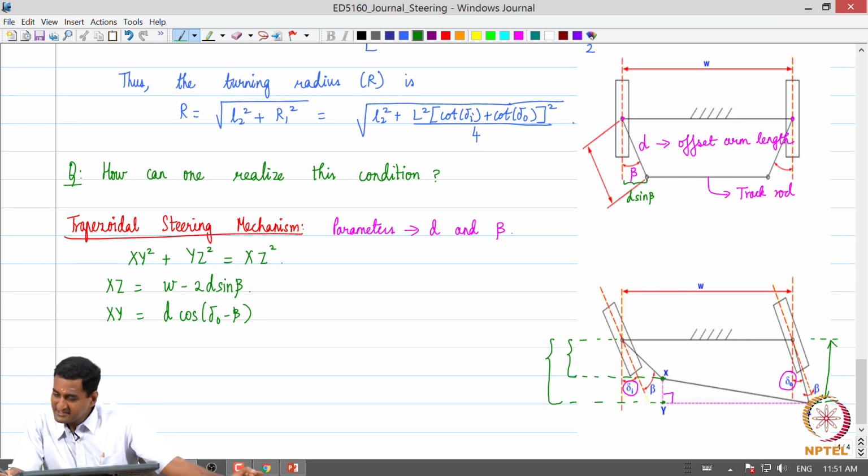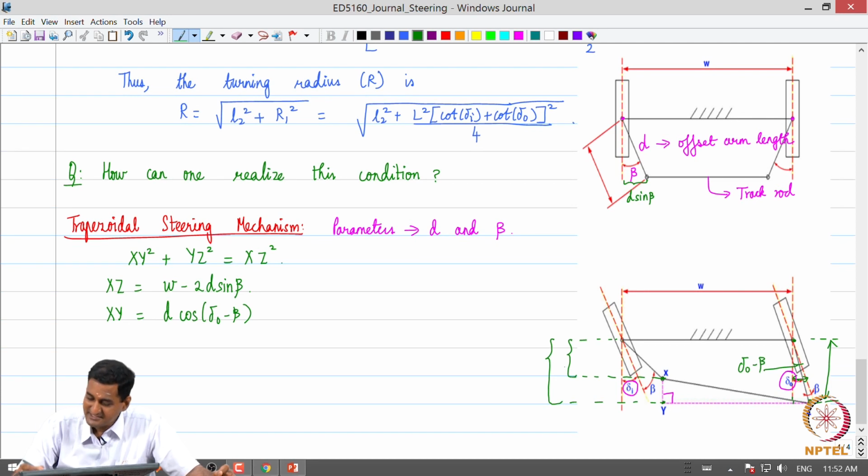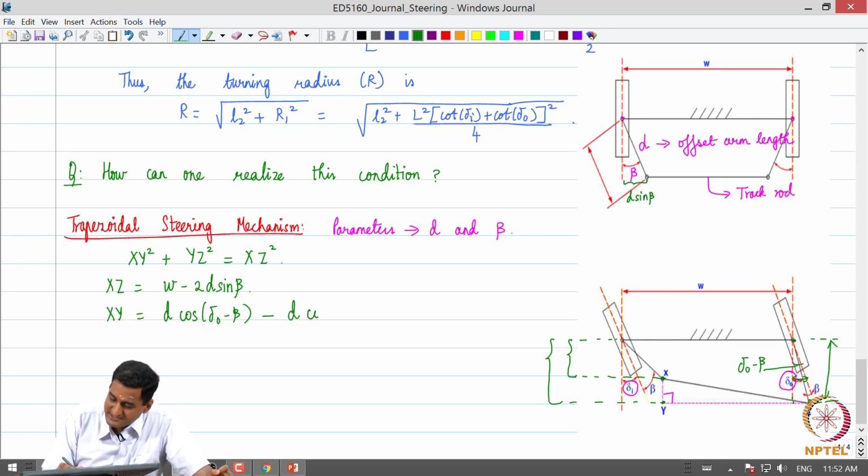Delta O is going to be this entire angle, so the smaller angle is going to be delta O minus beta, do you agree? This length is anyway d, so this distance is d cos(delta O minus beta). Now this smaller distance is going to be d cos(delta I plus beta), correct? That is what this is.